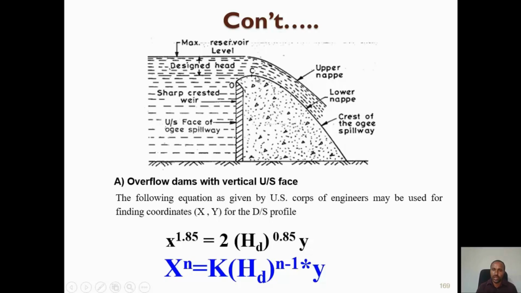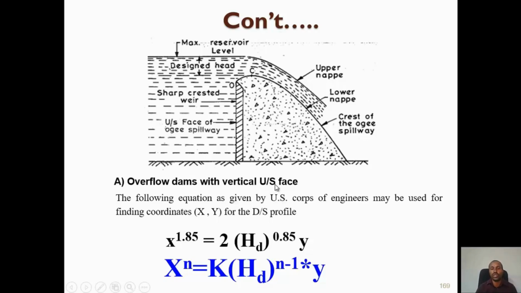Due to the flow pattern of the upper nappe and lower nappe, the space is filled with concrete, and then it becomes an Ogee spillway. Now, for an overflow dam with a vertical upstream face, let us see.